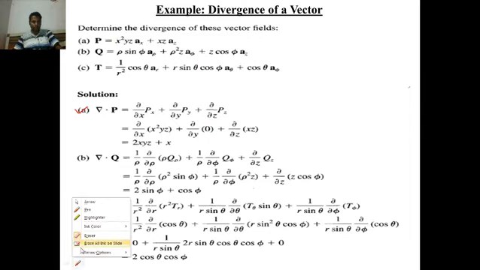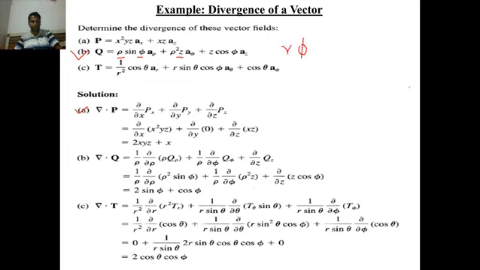Now how to solve the second bit? First of all, carefully observe: this second vector is given in which coordinate system? Rho is involved, phi is involved, z is involved. That means r, phi and z. That means it is a cylindrical coordinate system. That's why, in order to obtain the divergence, you take which formula?